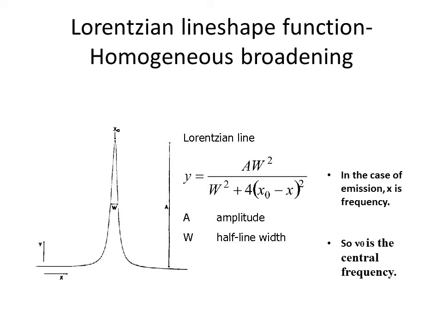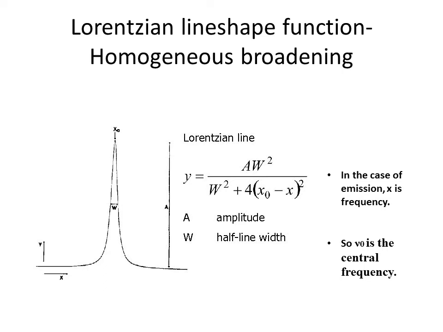In this case, y is the intensity. For example, if you are taking the laser line shape function, y will be the intensity of the output, and x, which is the variable, will be the frequency. So in this equation, I is equal to some constant into w square.